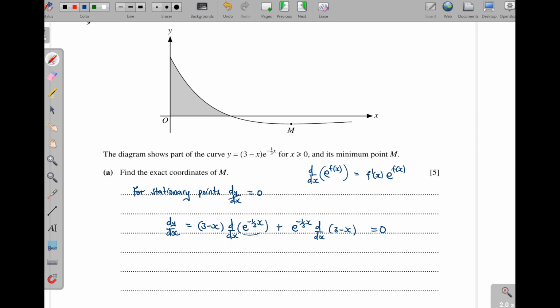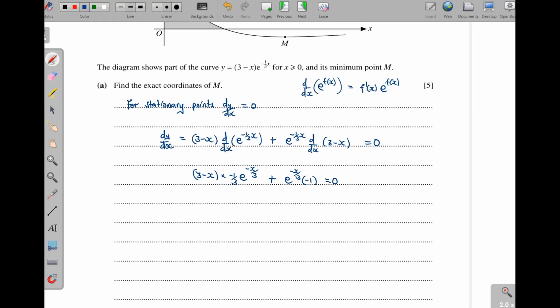Now, when you differentiate here, you are going to get negative a third, not so? So you get that negative a third, then times e to the power of negative a third of x, and then plus, you have this e power of negative x over 3, and then when you differentiate this with respect to x, you get a negative 1, which is equal to 0. Then from here, what do you see common?